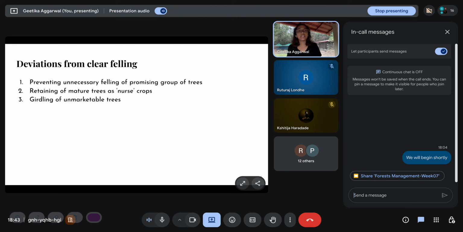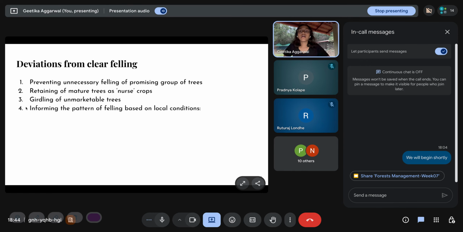Girdling is a technique in which you clear out the vascular structure of the tree. It leaves the tree in place, but it will die eventually because you have destroyed the xylem and phloem, so it disrupts the flow of nutrition inside the tree. It will eventually die and become a snag tree. So instead of having to cut it and take it out of the forest, you can just leave it behind, and it will also help the biodiversity of the area.